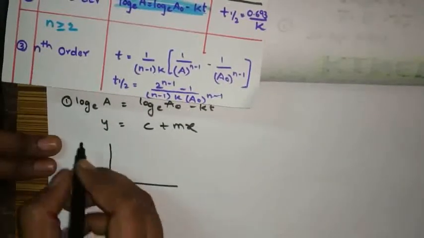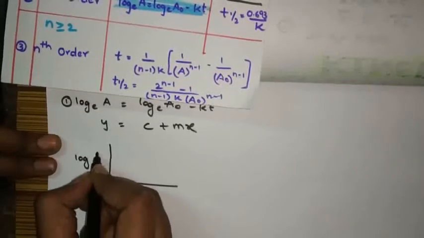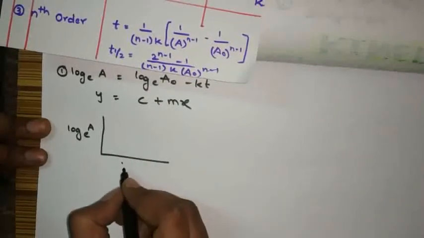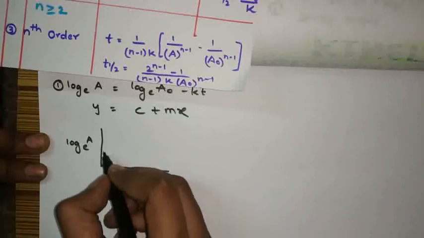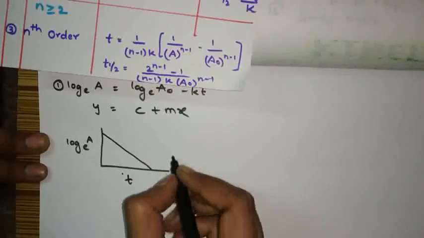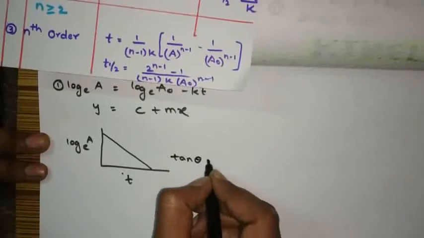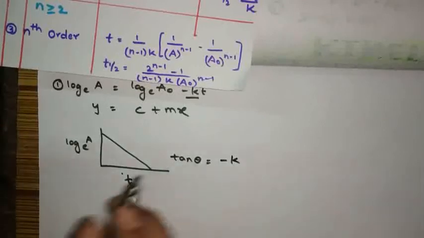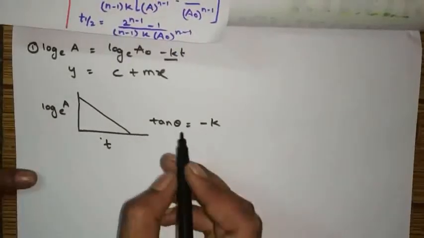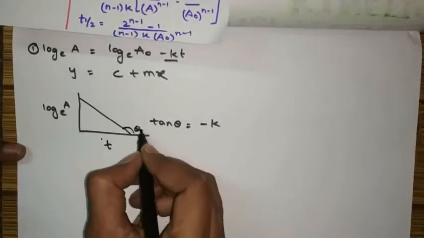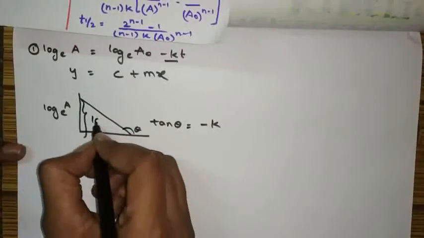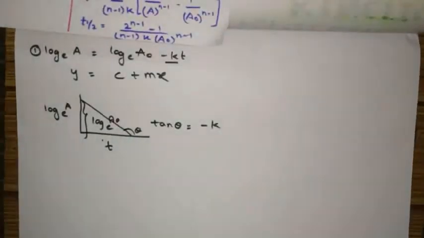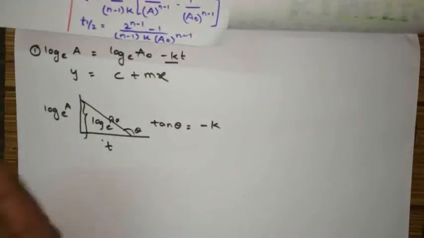You will get it like log A on the y-axis, t on the x-axis, and a negative slope is there. Tan theta value will be minus k, and this is the intercept. Understood?